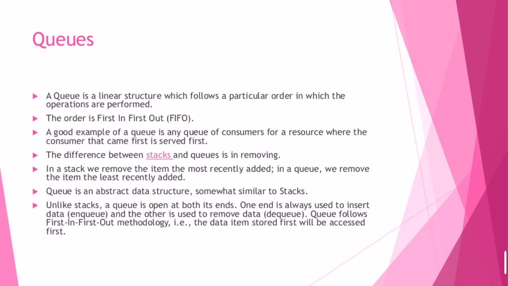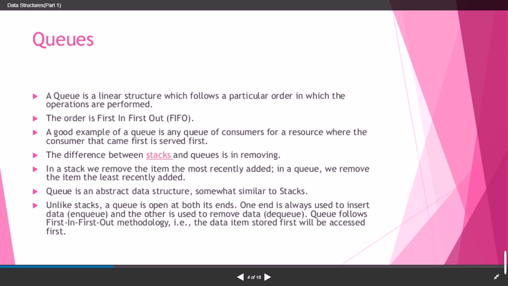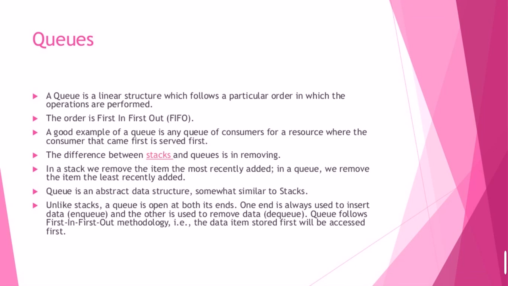A queue is a linear structure which follows a particular order in which the operations are performed. The order is first in first out, that is FIFO. A good example of a queue is any queue of customers, like when we go to buy a movie ticket. The first person who goes to buy the movie ticket is the very first one to get it. So in a queue it is always on a first come first serve basis.